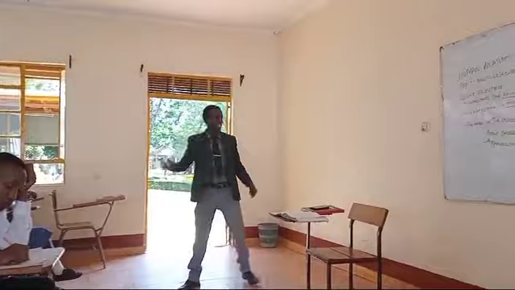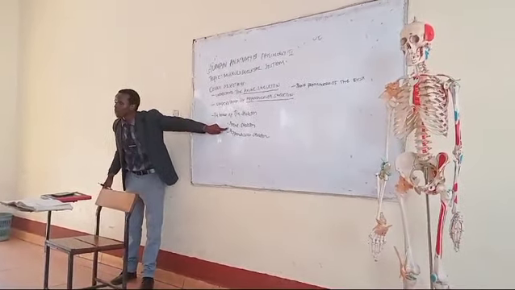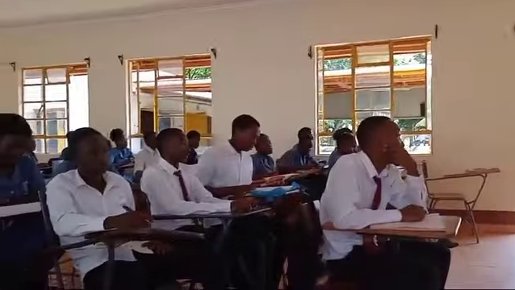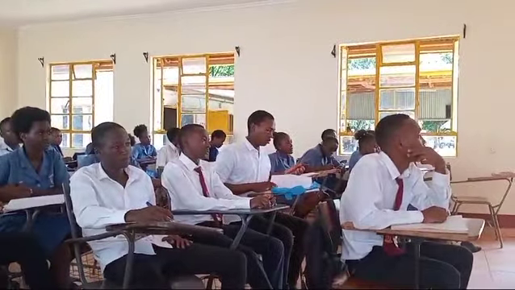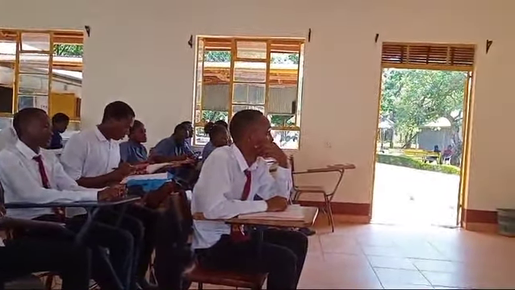Class, I've said that the bones of the skeleton are divided into two. The first one is what we call the axial skeleton. The second one is the appendicular skeleton.